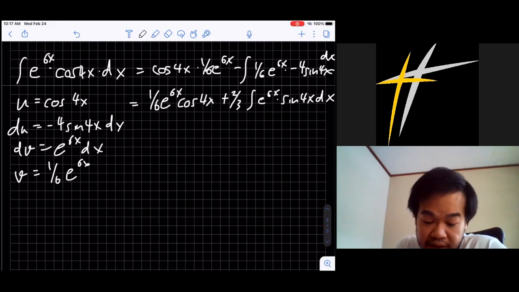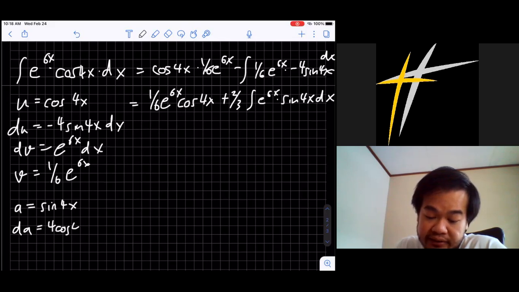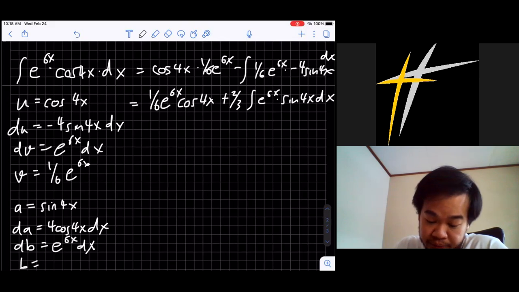So let's say that a is equal to the trigonometric function. So the da equals 4 cosine 4x dx, and the b is equal to e power of 6x dx. So the b is equal to 1 over 6 e power 6x.